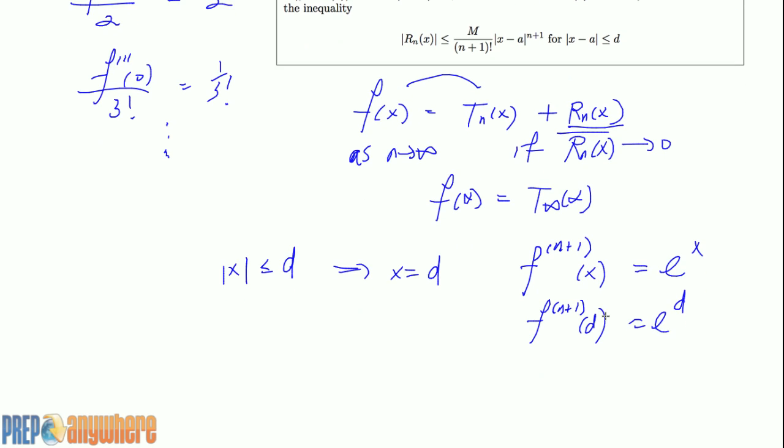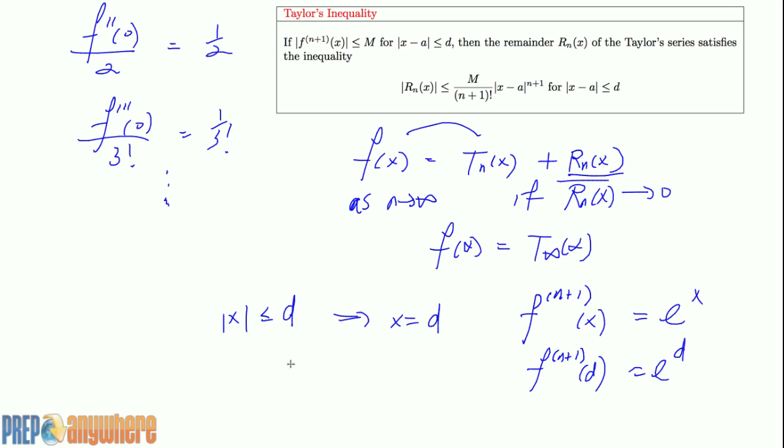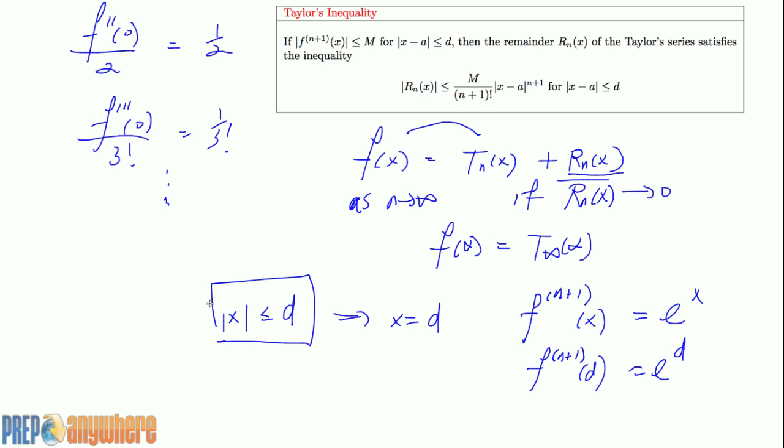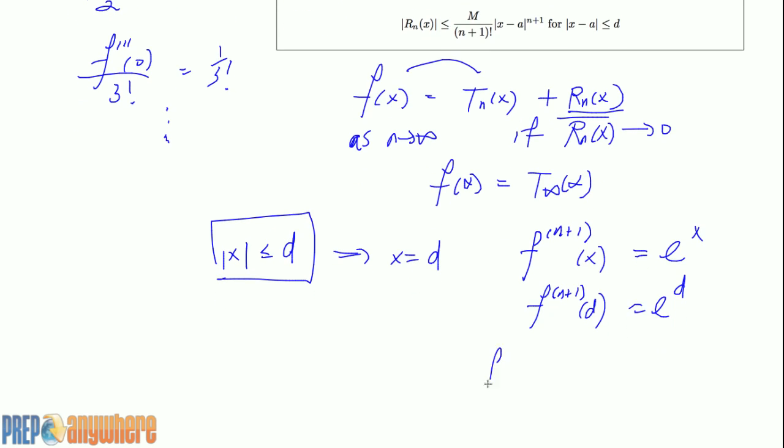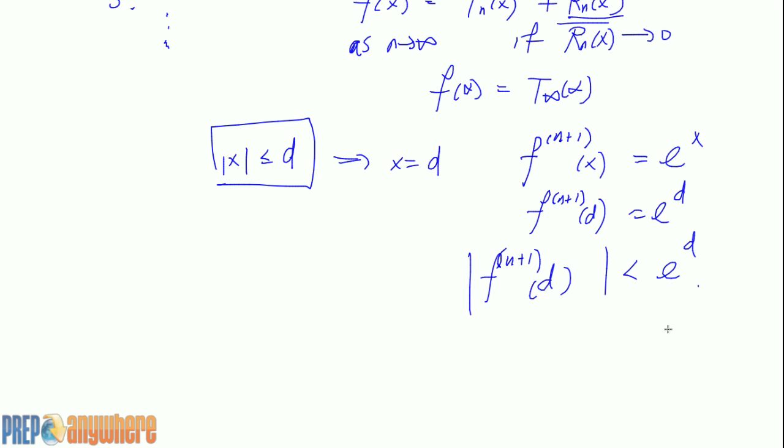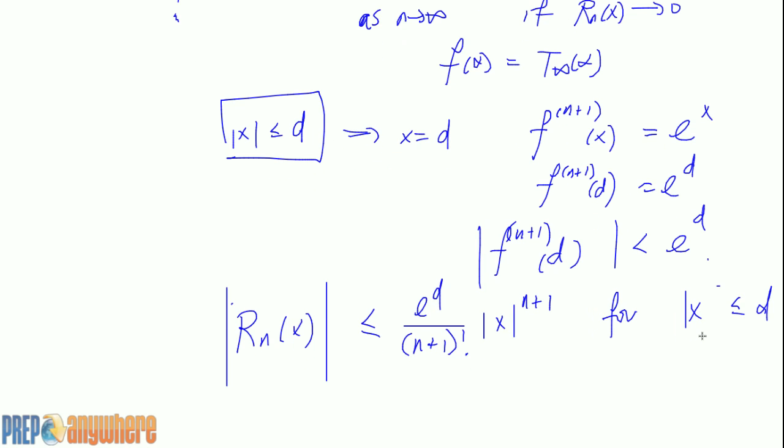So that means as x is between negative d and d, the m plus 1 derivative is always going to be less than e to the power of d. So here you have it.